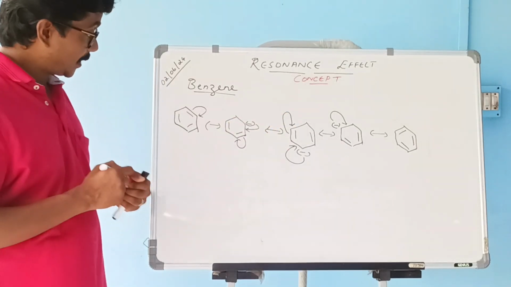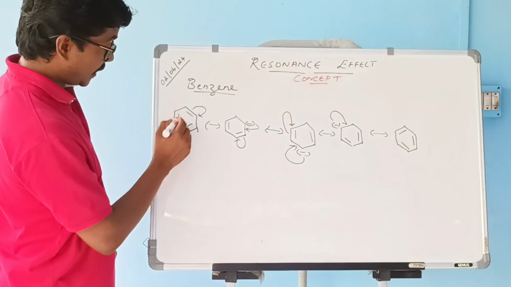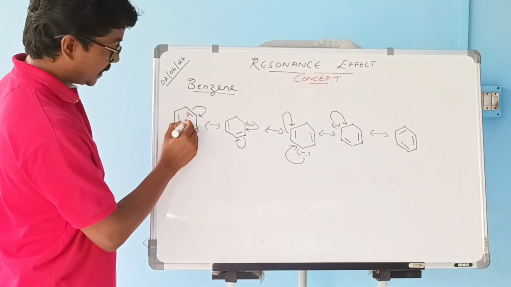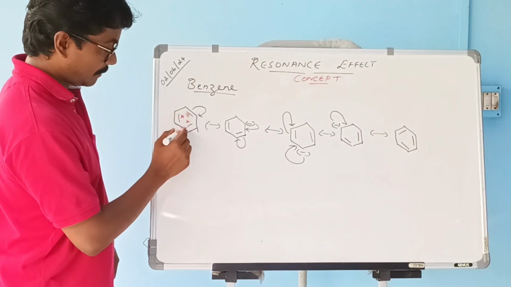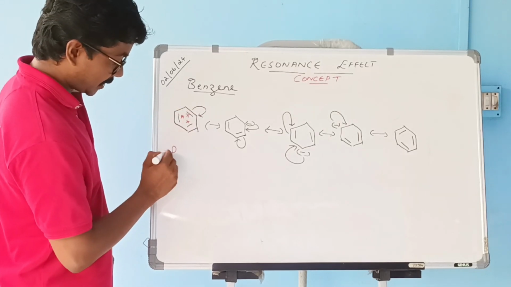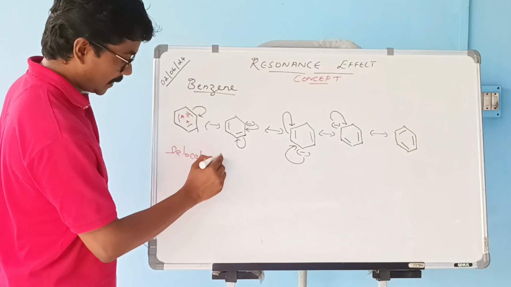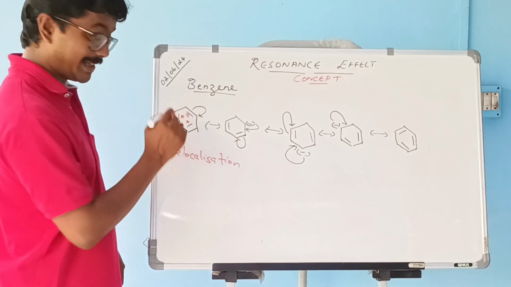So you can see that this is the benzene structure, and a pi bond is there. Delocalization has happened on the benzene ring.